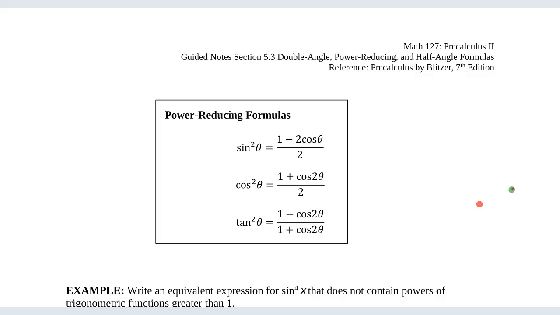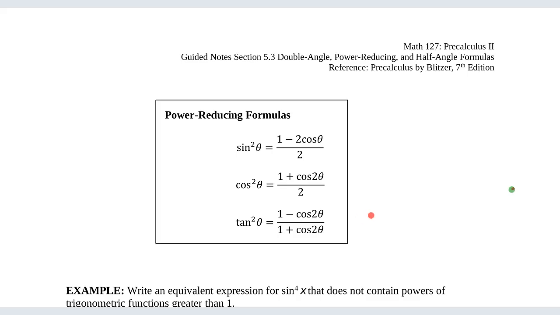They reduce powers, which are the exponents of the trigonometric functions. For example, if we see a sine squared theta or cosine squared theta, this formula allows us to rewrite those expressions without a power greater than 1. As you can see here, the exponent of cosine is 1.